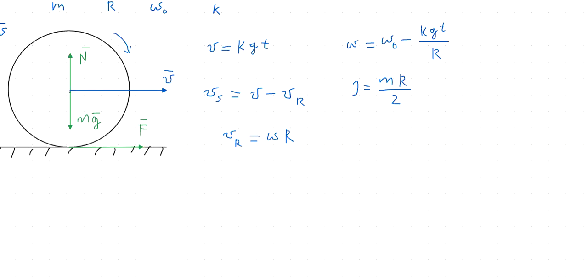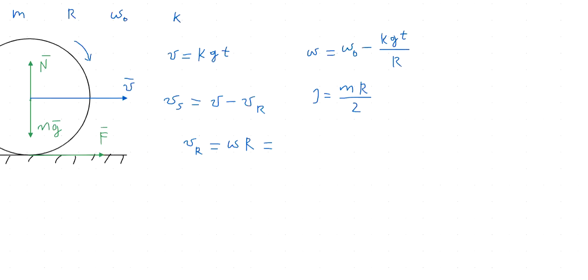And from here we have that VR is equal to omega 0 r minus k g t, but not kgt. It was 2 kgt, minus 2 kgt.